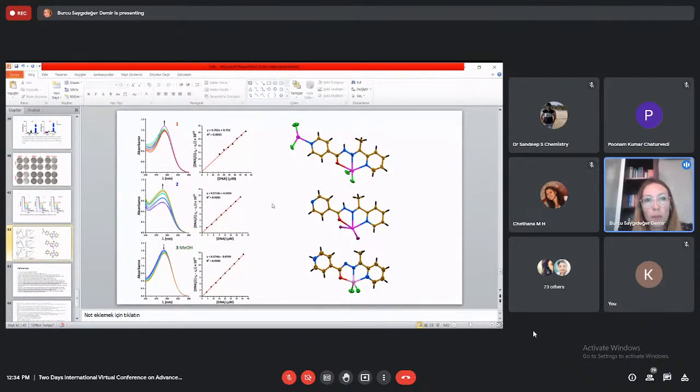The UV-visible spectra of complexes 1, 2, and 3 contain an absorption band at 293, 287, and 292 nanometers, respectively.